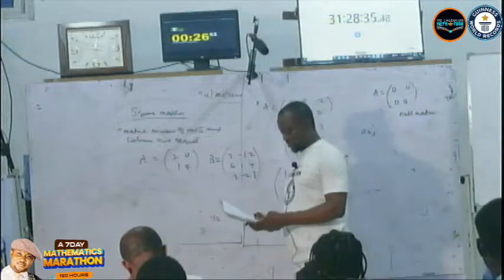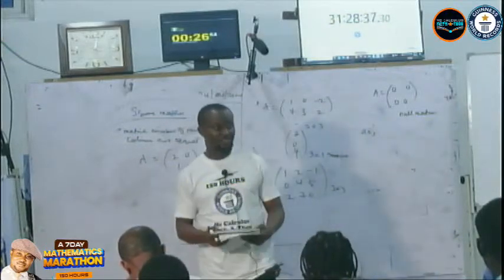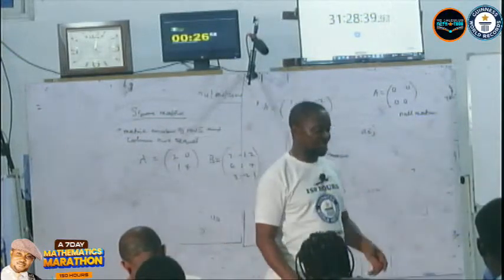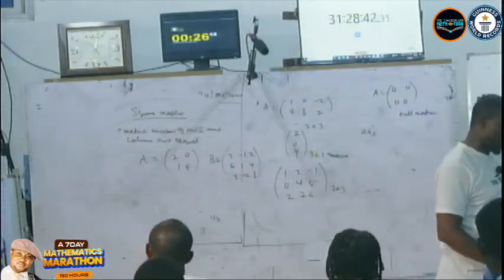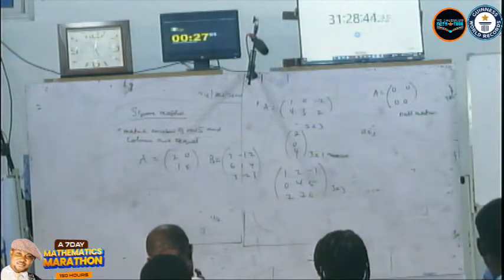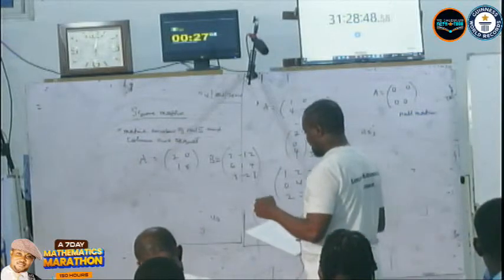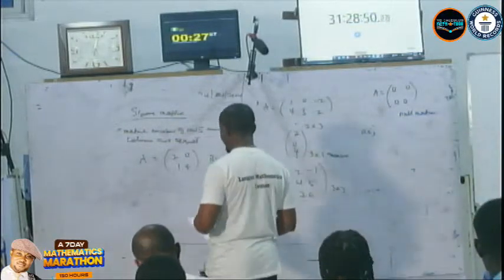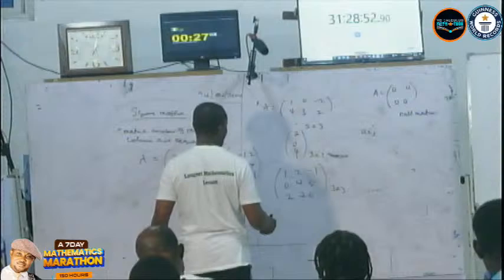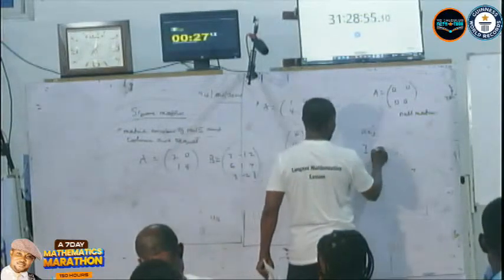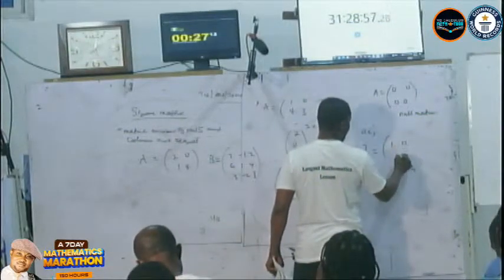Now let's talk about what we call the identity matrix. In an identity matrix the leading diagonal is 1. Whether it's a 2 by 2 matrix, the matrix which has 1 along the diagonal and 0 entries elsewhere is the identity. That is, identity matrix I equals 1, 0, 0, 1.